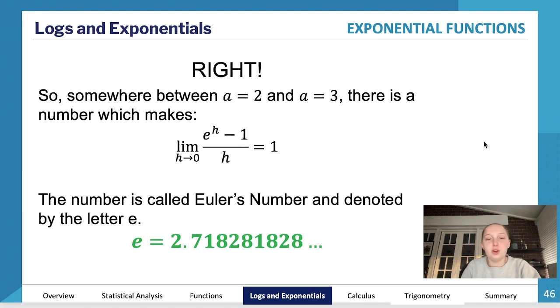It's denoted by the letter e, where e is equal to 2.7182818288, it goes on and on and on. It's like pi, that number never actually ends. You could do it to like a million bazillion digits. And so essentially e is just the number which will make the derivative of this 1.